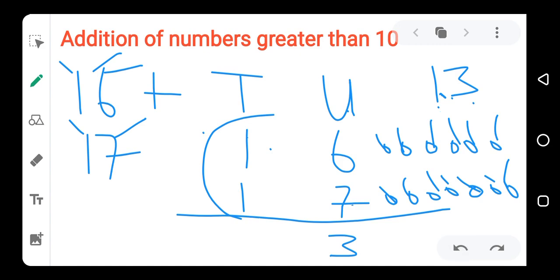So 2 plus 1 plus the 1 from the 13 gives us 4... it becomes 3 in total as shown. So it becomes 33. Let me solve it again.